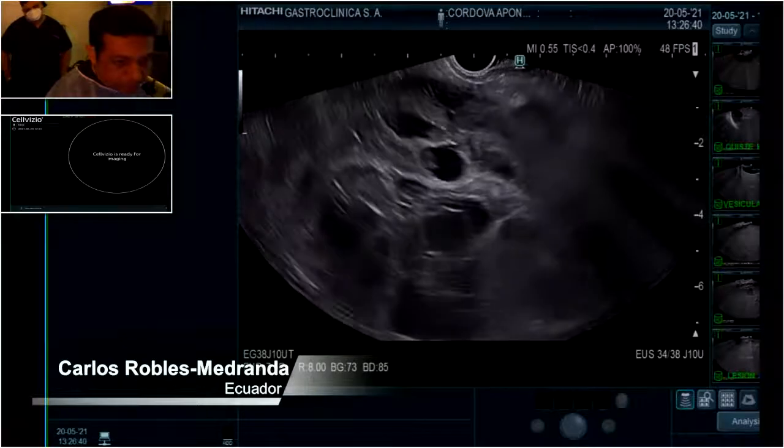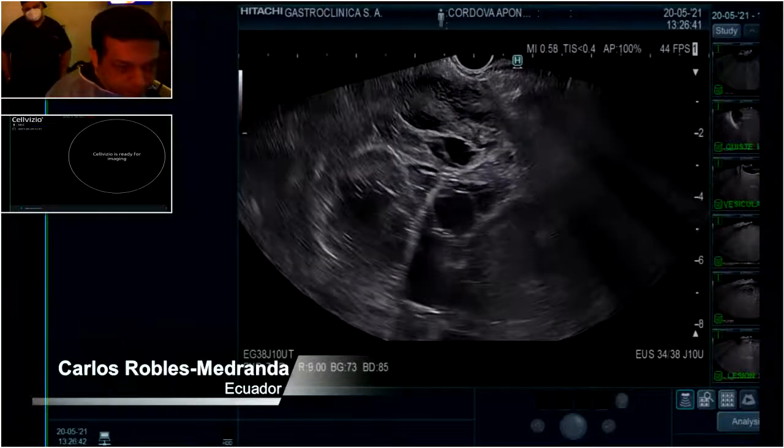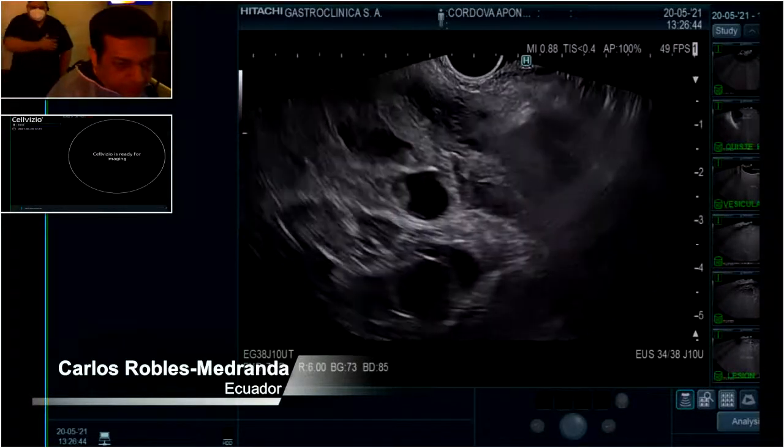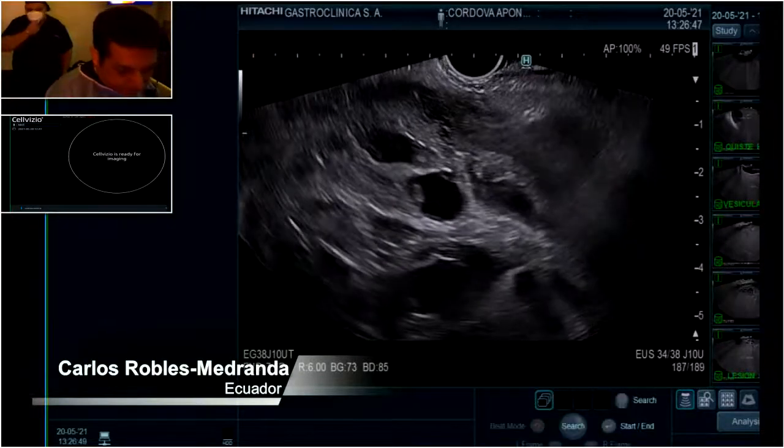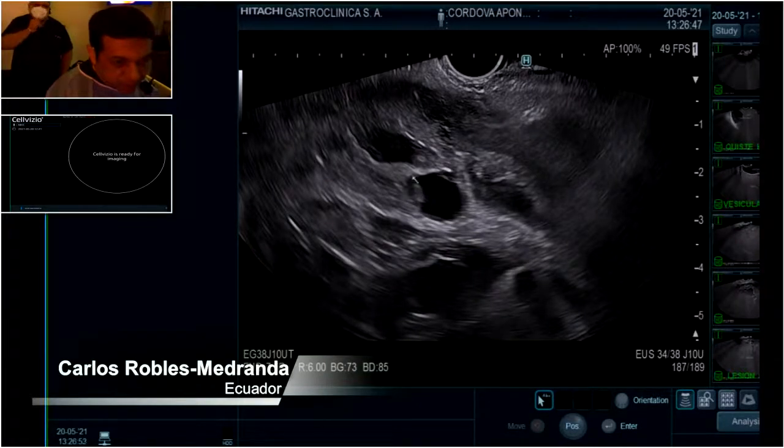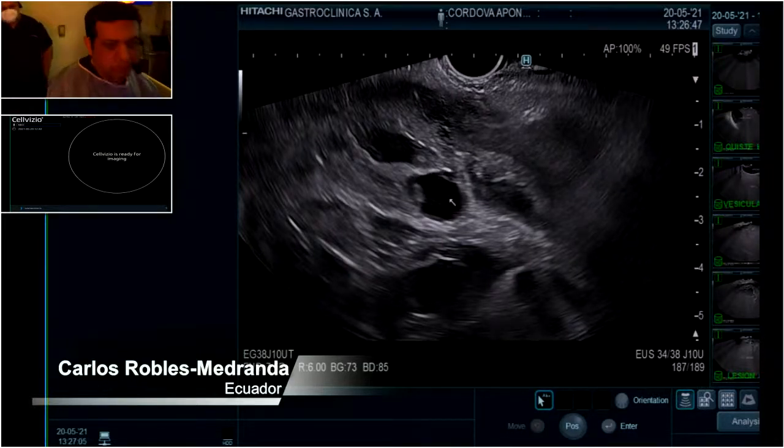Okay, so I will increase my image. So we see inside some of these, how can I describe this in English. So this is not a black area or complete black area like normally we can see in serous cystadenoma.